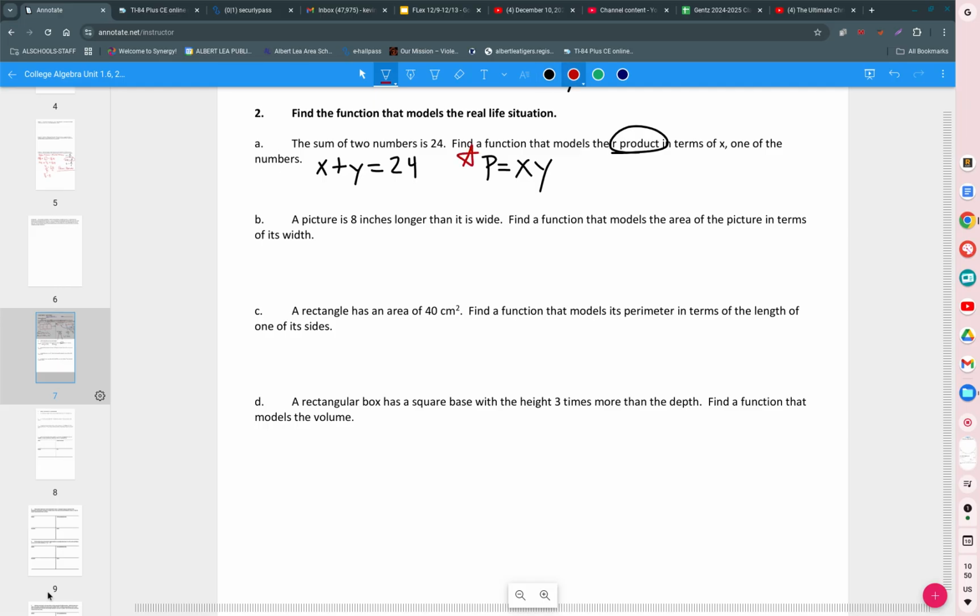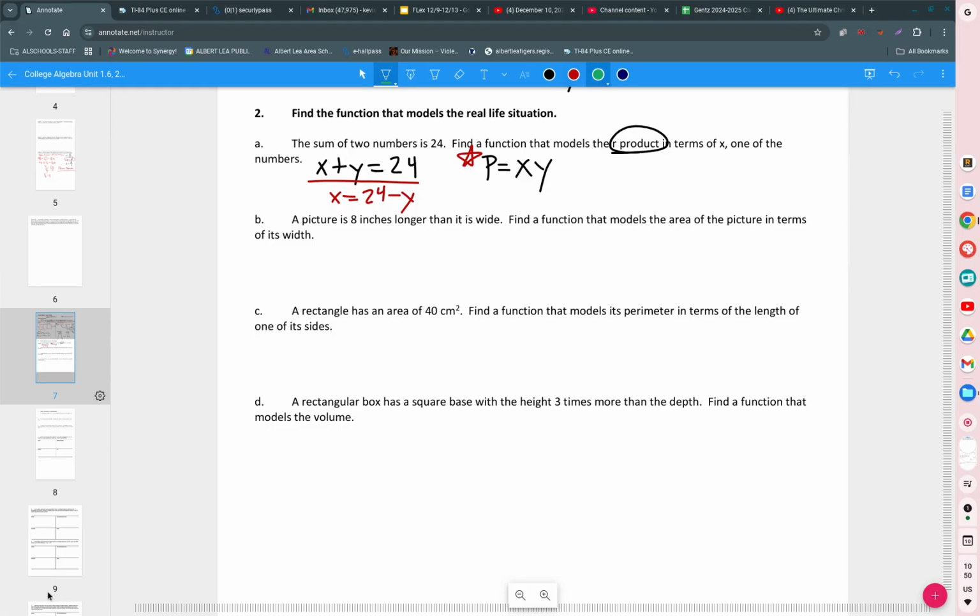What could I do to the equation we first wrote in order to get rid of x or y? Subtract the y on the other side. Yep. So x is equal to 24 minus y.